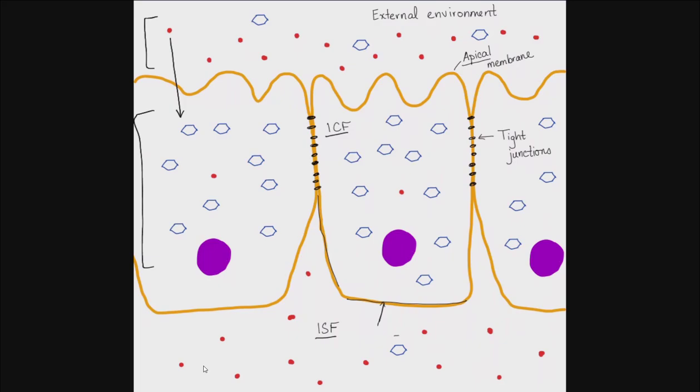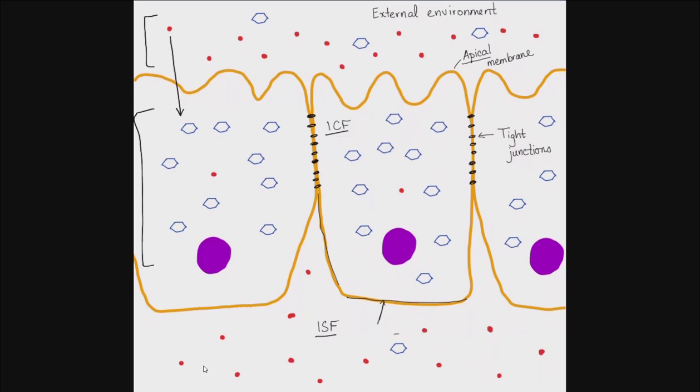So I should not have to pay for that sodium transport. But whatever I move in the cell, I'm also going to have to move across that basolateral membrane. So now, if I move a sodium into the cell, let's just pretend I've moved one into the cell. I'm going to have to move it across that basolateral membrane as well.